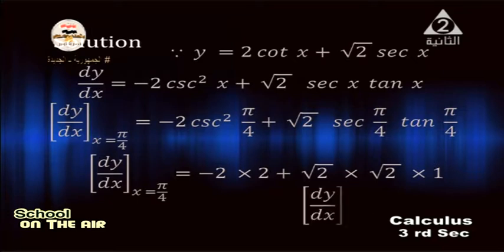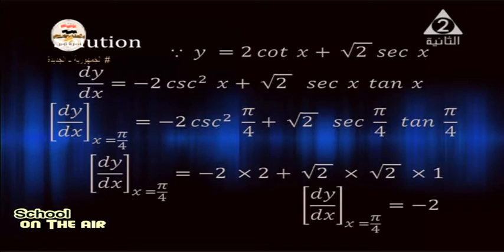Then dy/dx at x equals pi over 4 equals negative 2, and the slope of the tangent to the curve is the first derivative of the function, but at x equals x1, or x equals pi over 4 in this example.